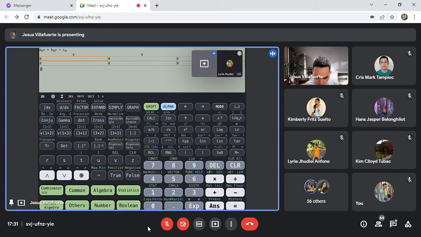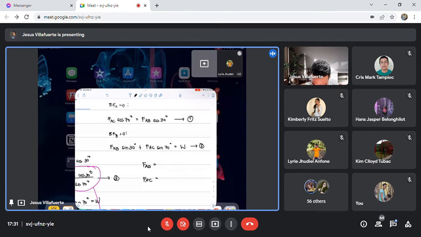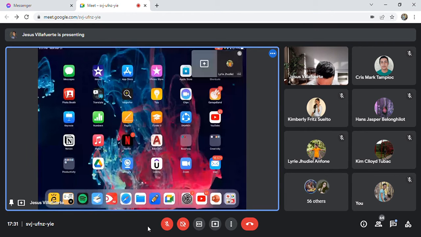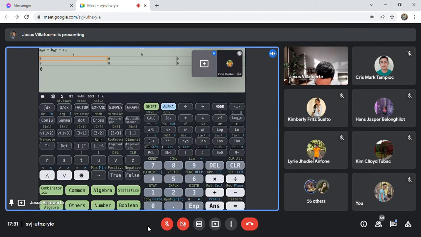Let's say our AN is equal to FAC. That is cosine 70, in degrees.